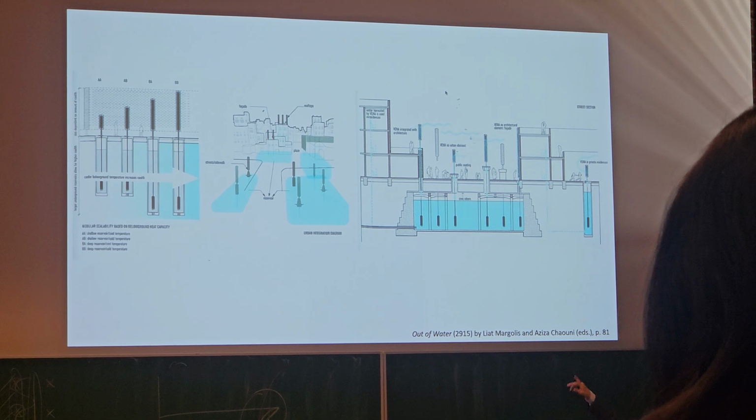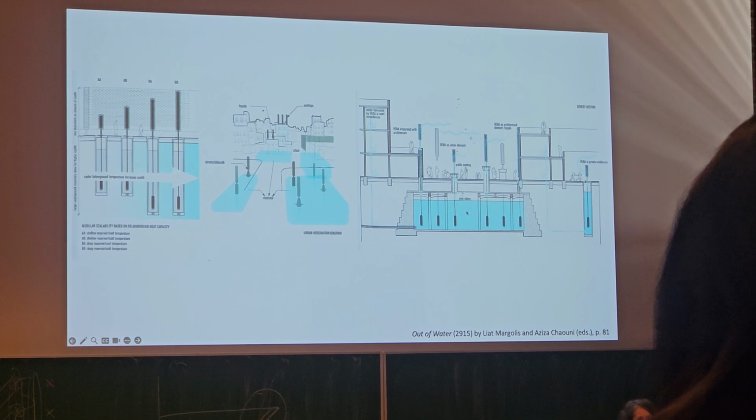Right? So what they do is they try to make a system that deals with this, which is very clever. So here they show it as a kind of mechanism. And then here they start to show how it can be used in the creation of public space.